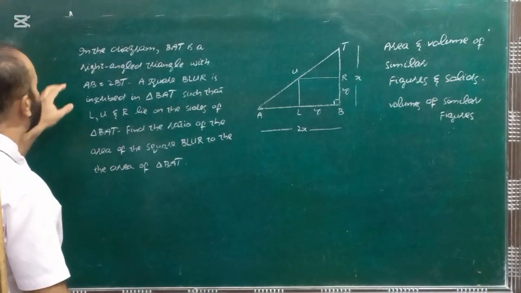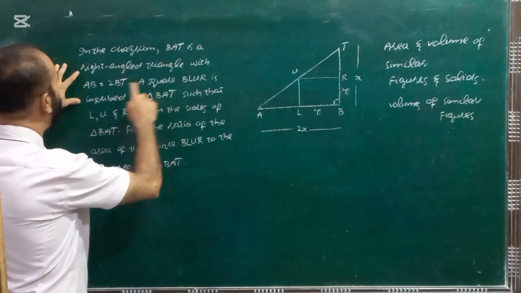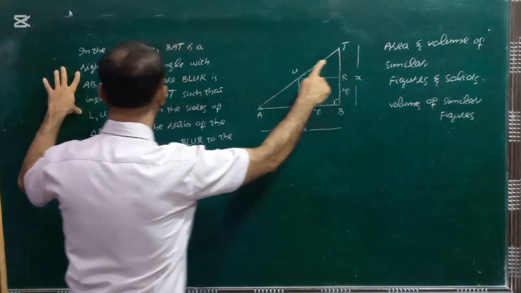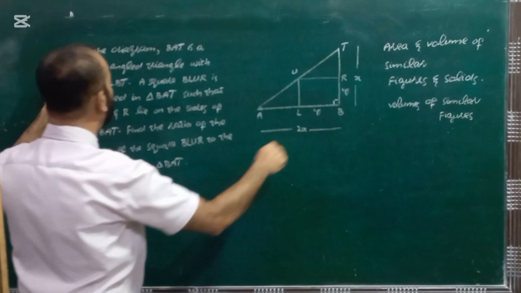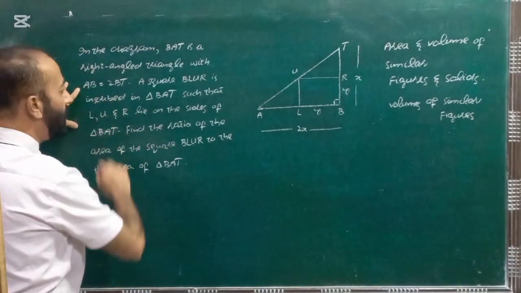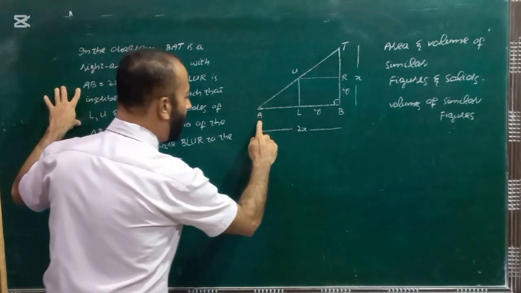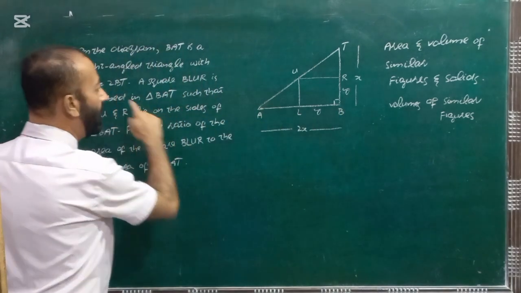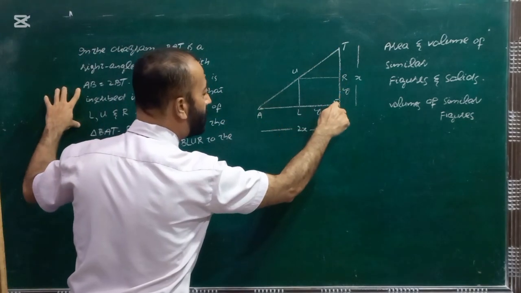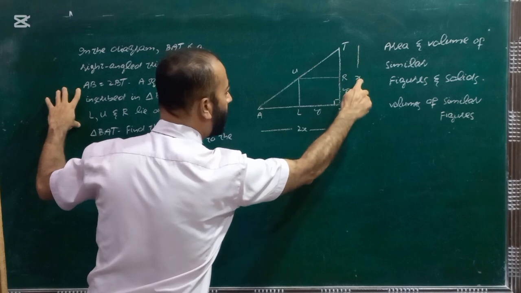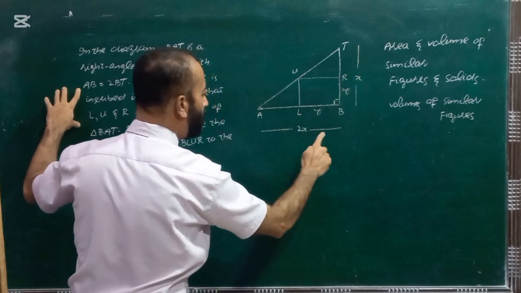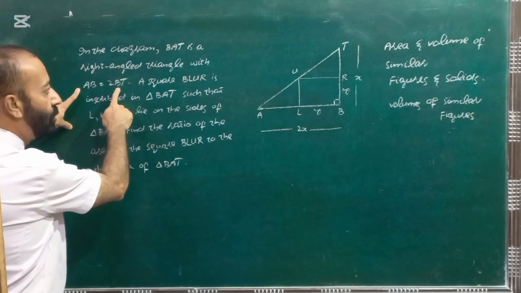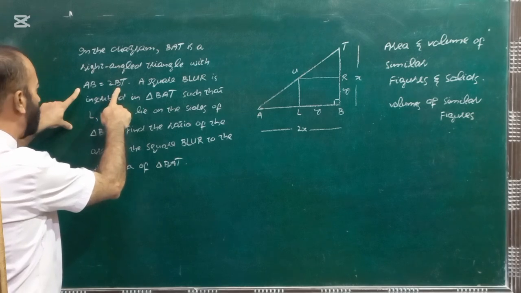Here is another question. In the diagram, BAT is a right angle triangle. So BAT is a bigger triangle, that is a right angle triangle, with AB equal to 2 times of BT. If we let this side x, so this will be 2 times, so 2x. So AB is equal to 2 times of BT.